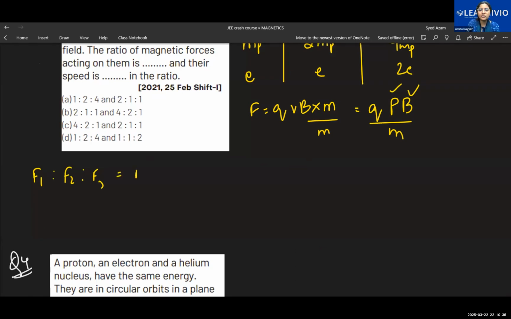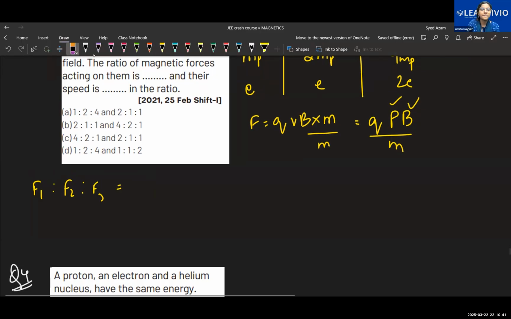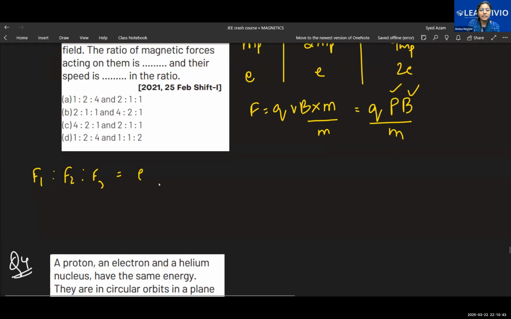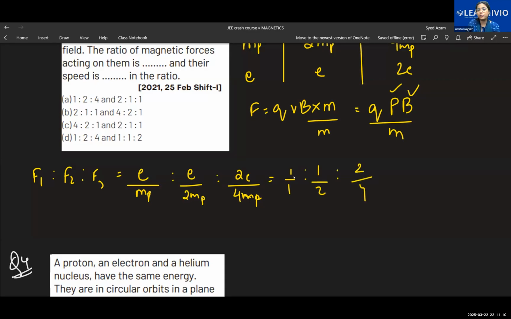So see, E by MP is 1, E by MP is 1, 2E by 4MP is 1 by 2. So this is 1 is to 1 is to 1 by 2.